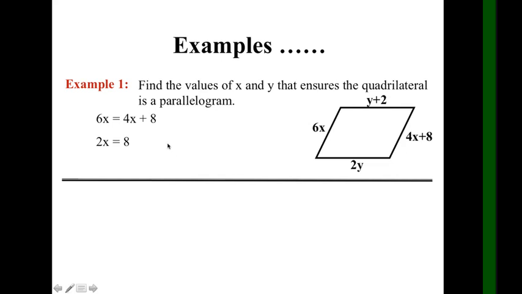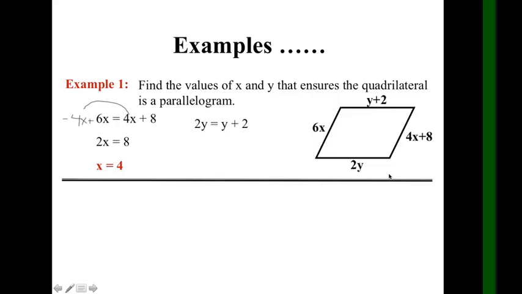Ililipat ko si 4x, magiging negative 4x. So magiging 2x yung answer natin. Divide both sides by 2, x is equal to 4. If we substitute 4 here, 6 times 4 is 24. If we put 4 here, 4 times 4 is 16 plus 8 is 24. So therefore, these are congruent.